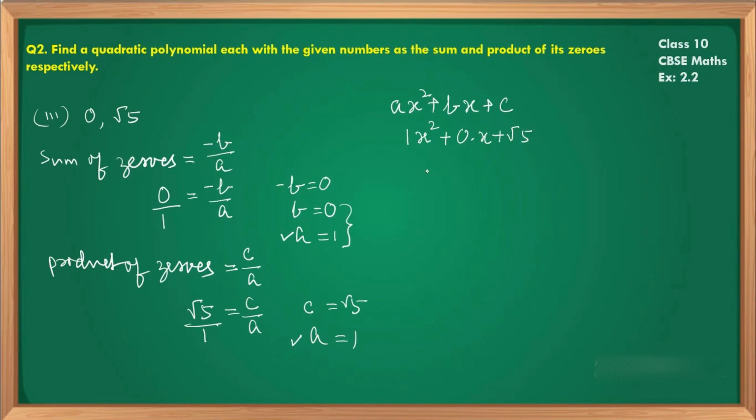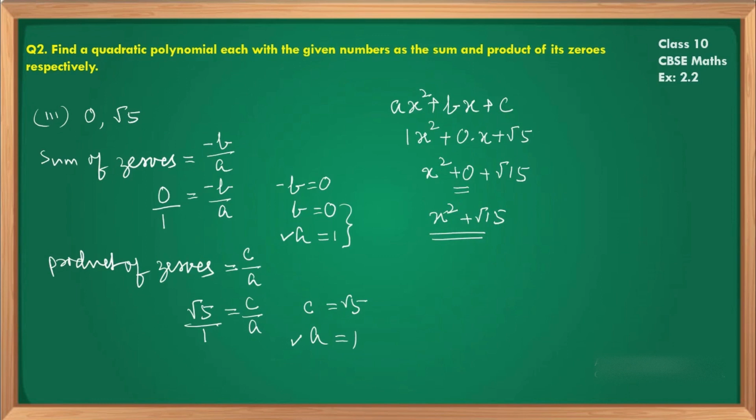Now simplify, you get x square plus 0 plus root 5. Now this 0 need not be written, so we simplify further: x square plus root 5. This is the quadratic polynomial for this question.